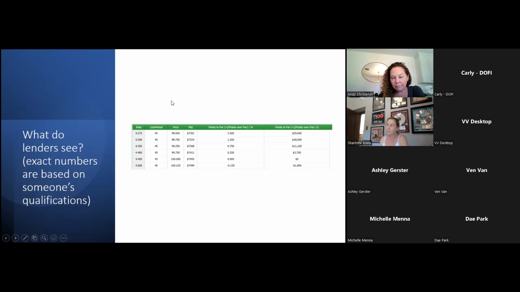I have a question, Andy, about the lock period. I thought it was normally 30 days, but you've got it in here as 45. I've had a couple of clients, because of this massive increase in rates, ask me if they can lock before they've even found a property.